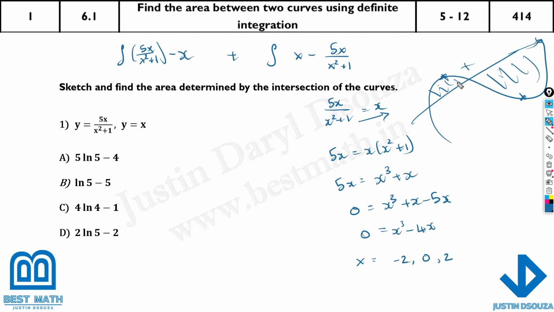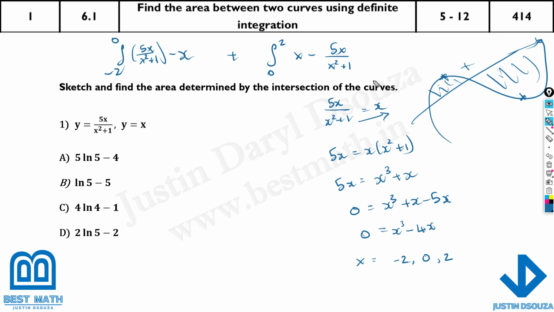Usually it'll be 0 because this area minus that area. So that's why, if you have chosen 5x by x squared plus 1 as the first equation in one of the parts, do that as the second in the next part. What about the limits? You start with the smallest limit, minus 2 to 0, and then 0 to 2. Remember, when you're adding the limits up and the second one down, the limit must be equal. These are all the rules which we had studied before in integrals.